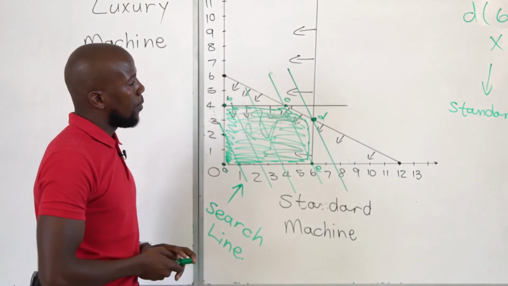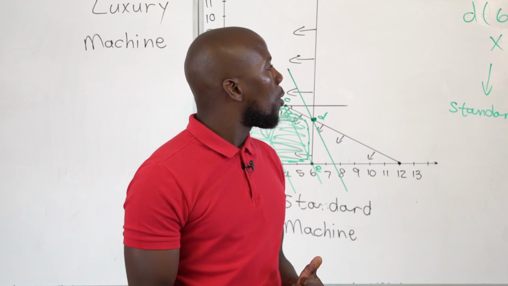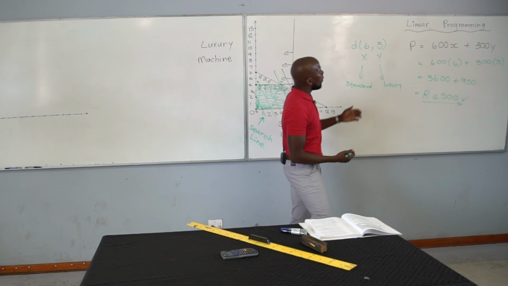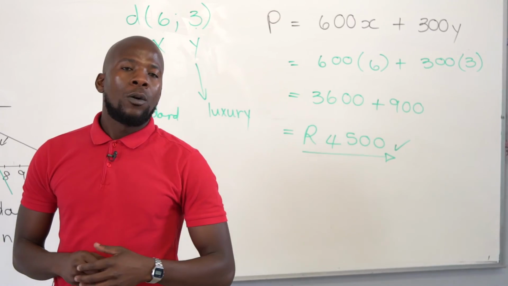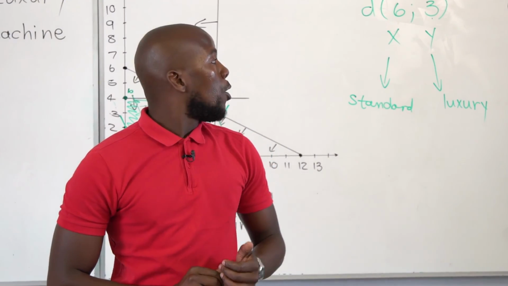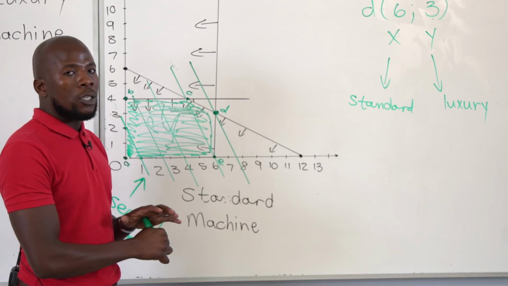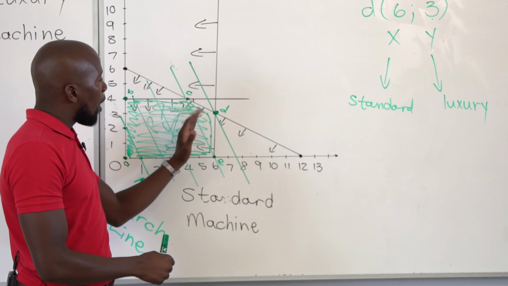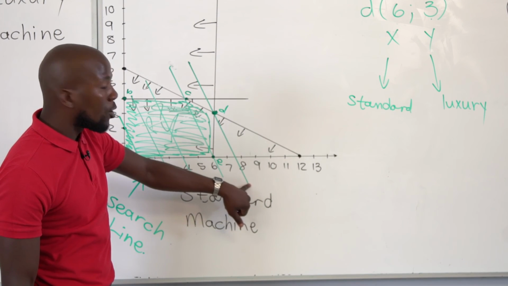Okay, once you've identified the Cartesian plane, within the problem or the statement, you'll also be given information that allows you to formulate the profit equation. Using the search line, obviously you would have identified the feasible region by that time. Using the search line, you identify the last point which is touched by the search line.